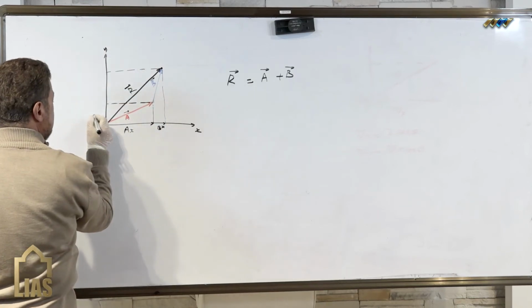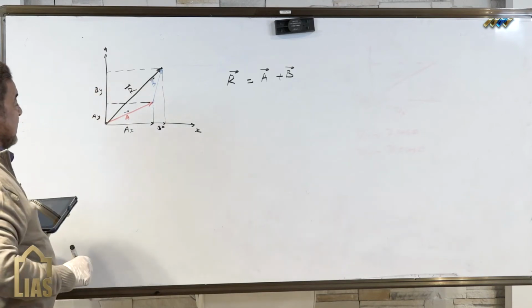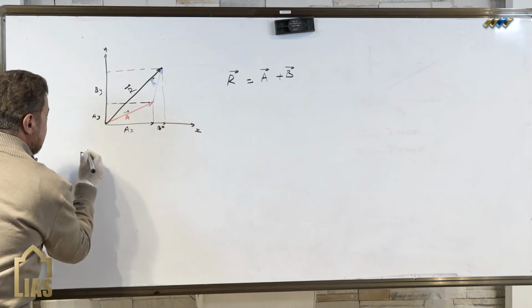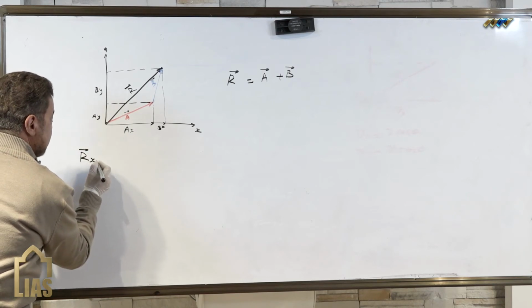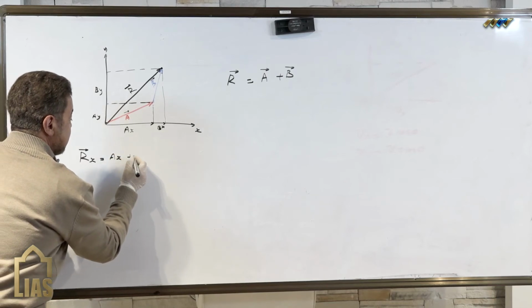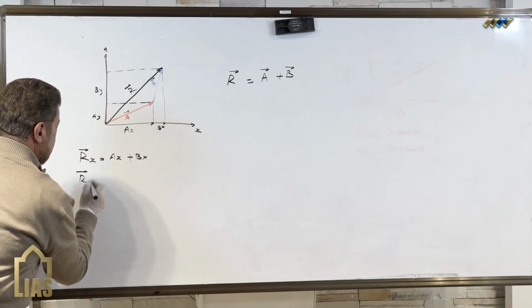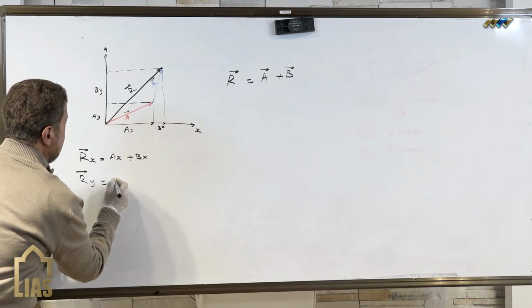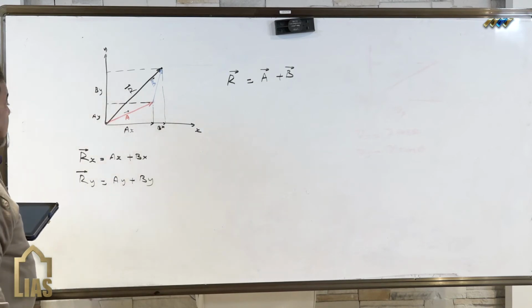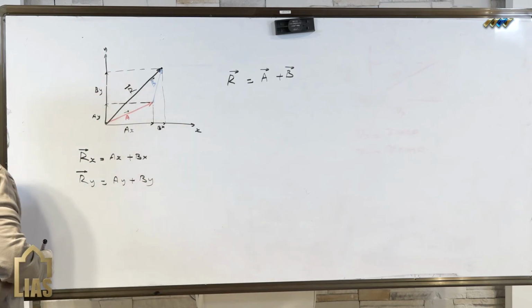We also have ay and by. If we add, Rx is equal to ax plus bx, while Ry is equal to ay plus by. We add for this example here.